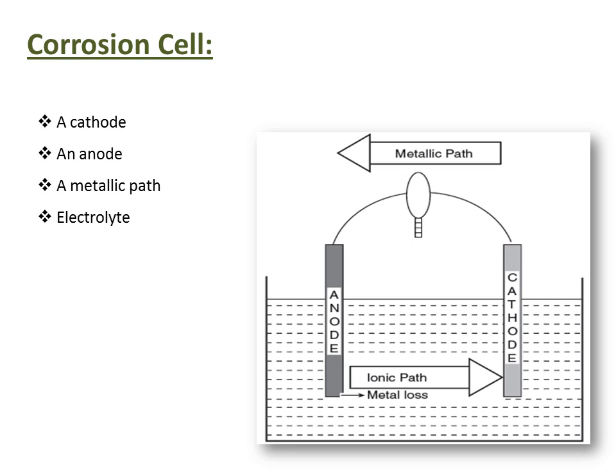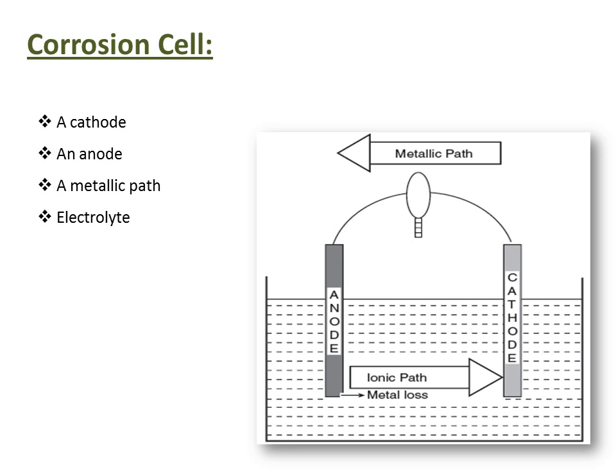So now briefly let's discuss the corrosion cell. In any cell, what are the things required? We require an anode, we require a cathode in any electrochemical cell. The cathode and anode will be connected by a conductor, electrical wire, and there will be an electrolyte, or a medium which will carry the ions or electrons.